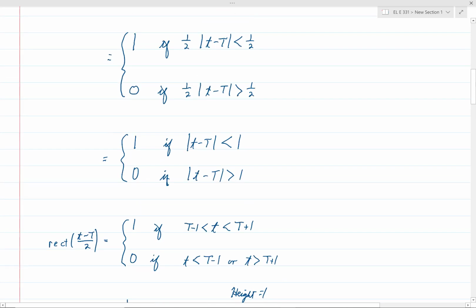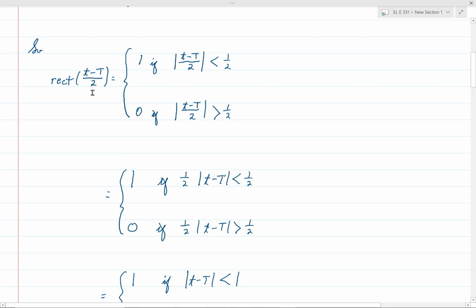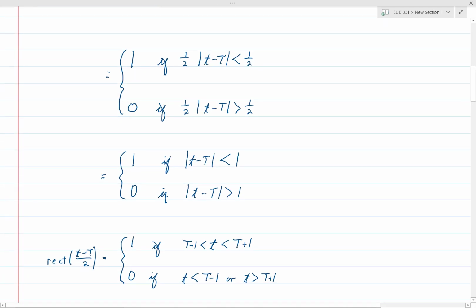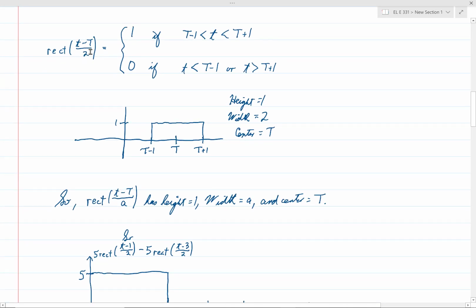And on the left-hand side, of course, we just bring down this rect of t minus capital T over 2.